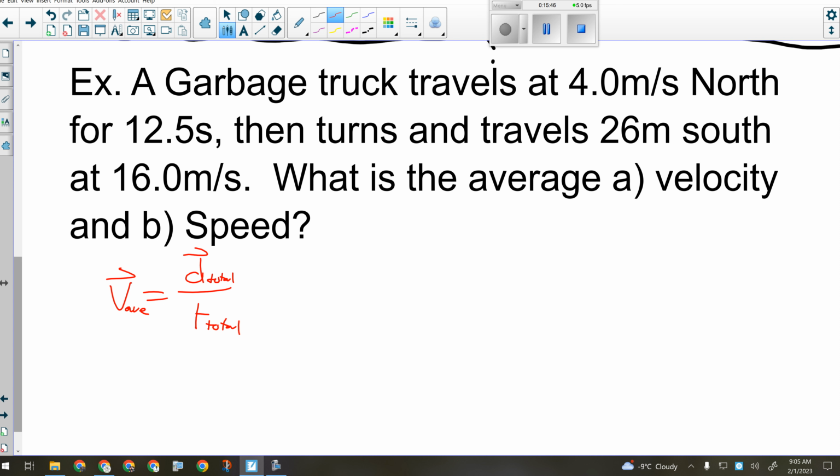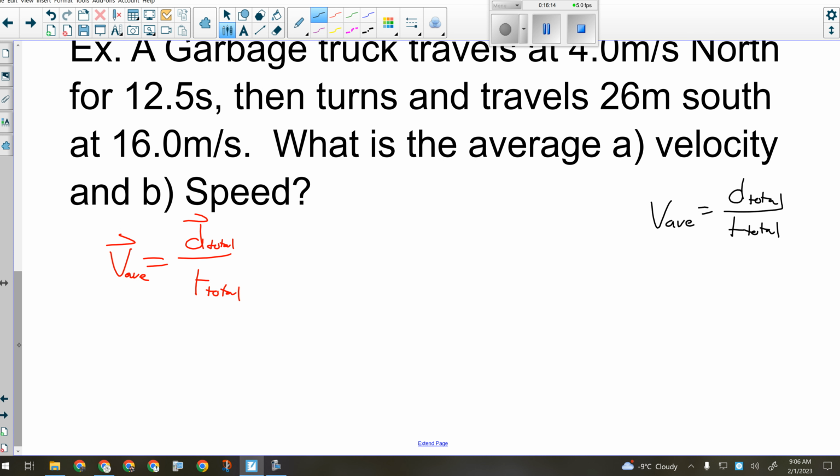The same is true for this one. Vector or scalar, it's average equals total over total. Doing it that way will weight the average in favor of the bigger part of the trip. So if I want to find the average velocity, this is the formula I want to use at the end. I'm not quite there yet.